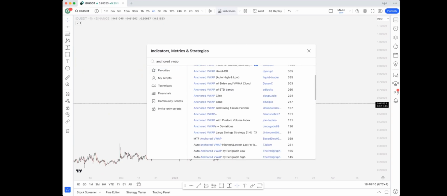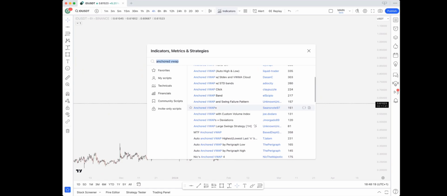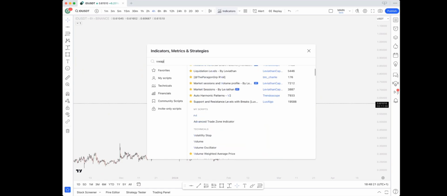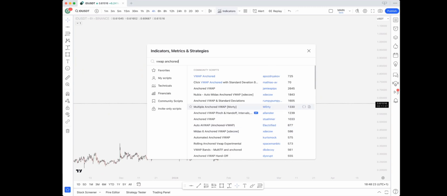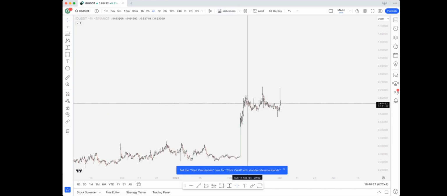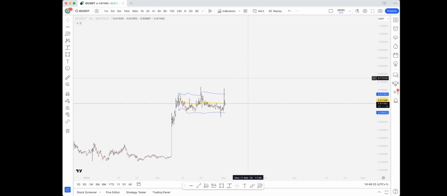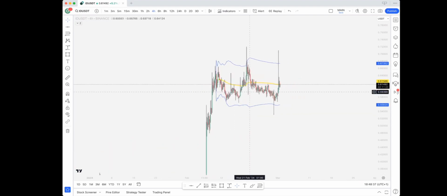Let's find it. VWAP anchored. I like to use this one. Click VWAP anchored with standard deviation. So in this case, you'd essentially mark out where the fundamental thing has changed. So you'd do this top here, for example. And based on this, you would get more accurate levels.